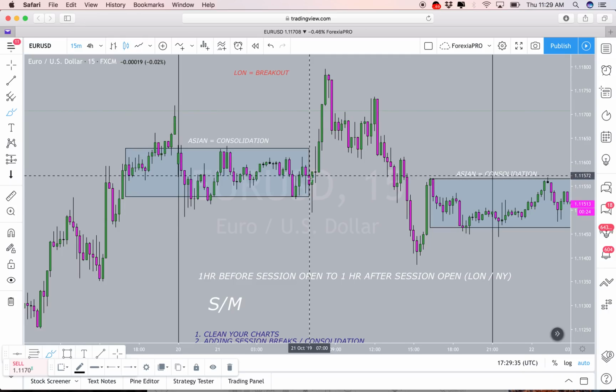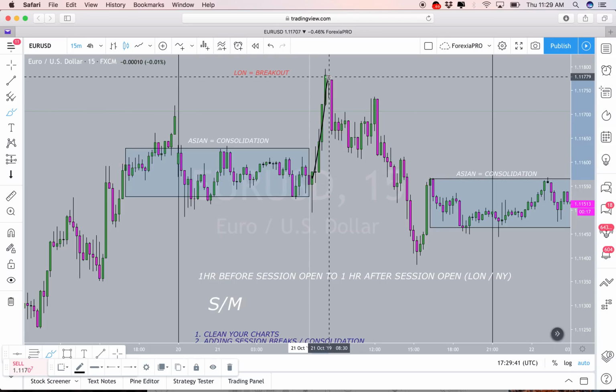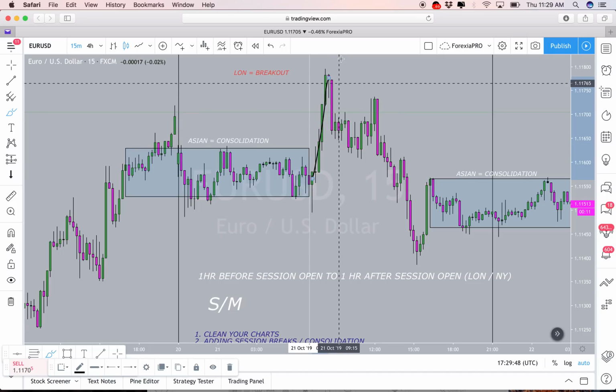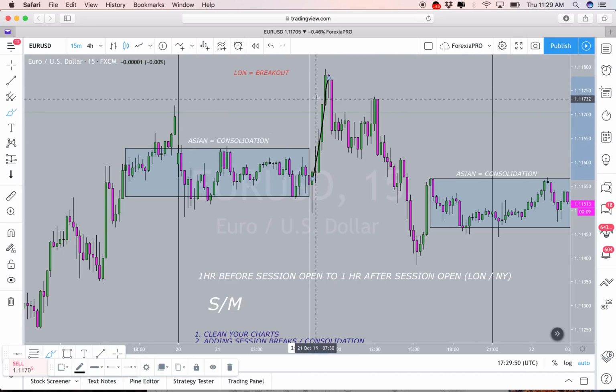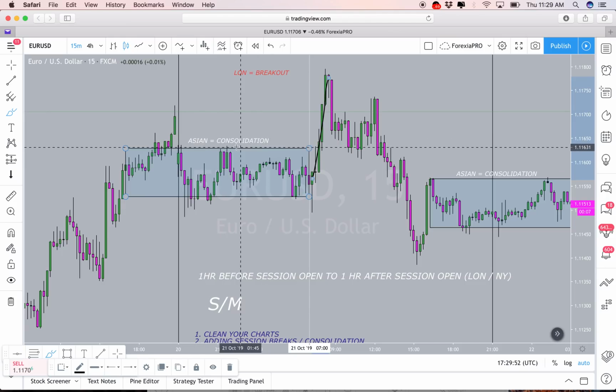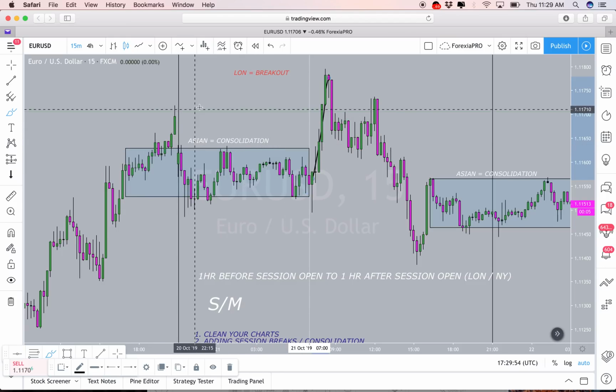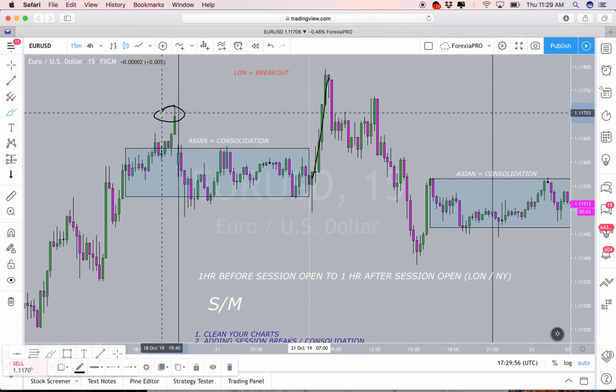Right when London session opens, the next 15-minute candle, or the next 4 15-minute candles, they break to the high. They break out of that Asian session consolidation to the high of the previous day.